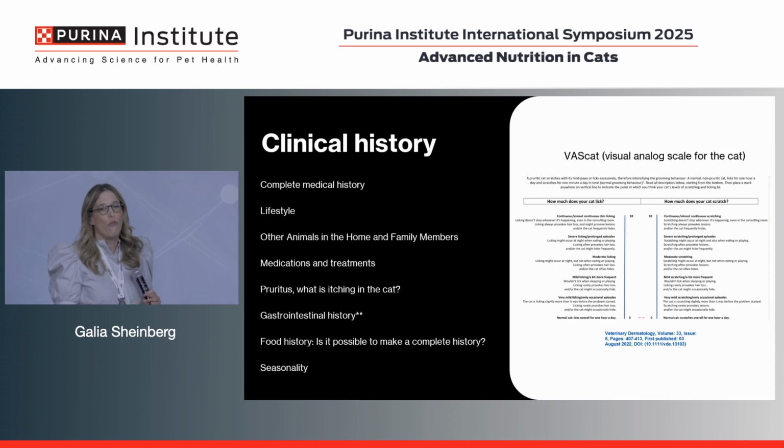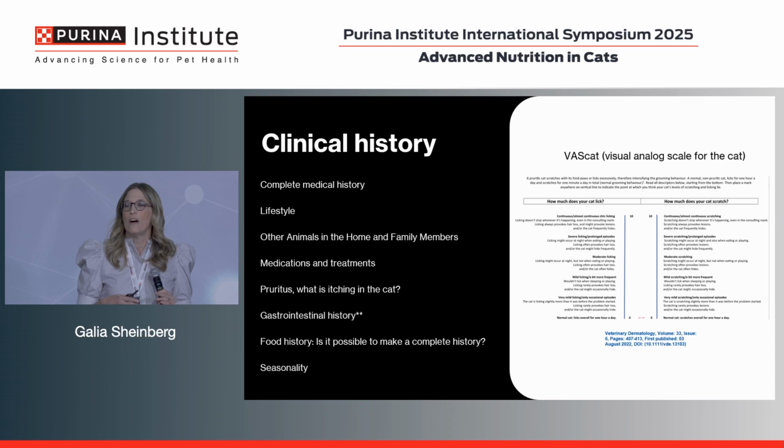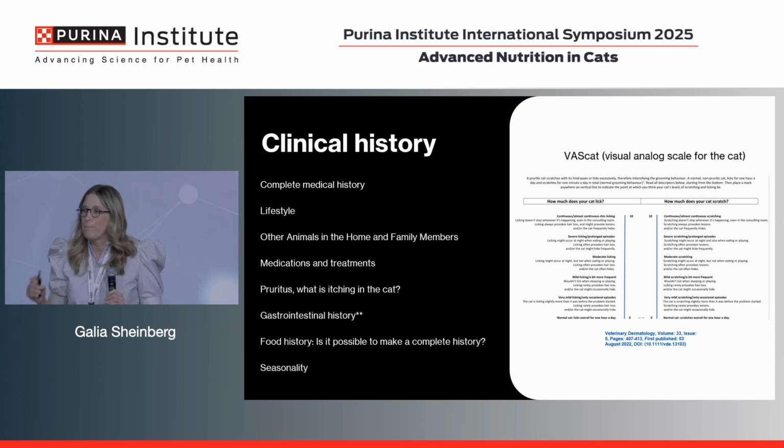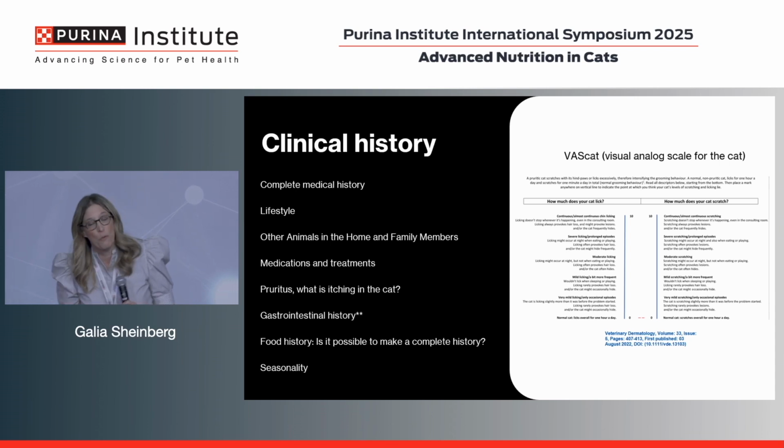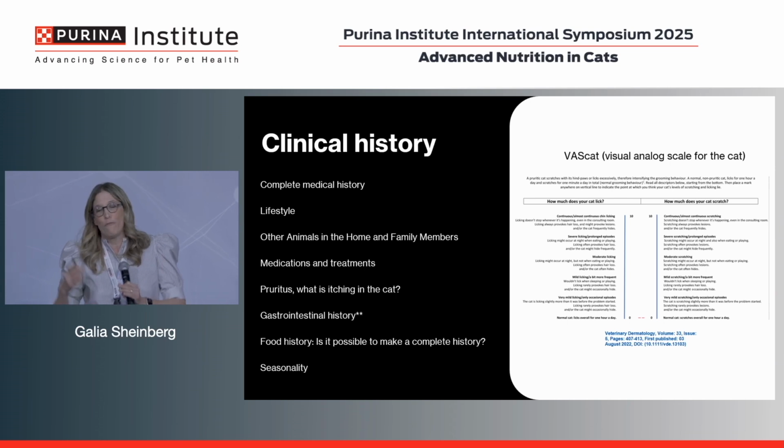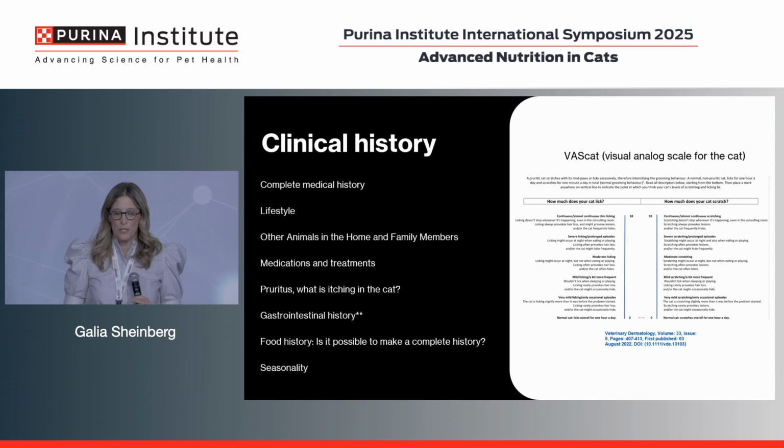We try to use a format before they start in the consult: we sit them down before they come in and they fill out paperwork thinking about previous treatments, because I'm sure all of you have faced owners who say, oh, I gave them this pink pill, or I gave them this yellow liquid, and we don't know what they're using. So if they have time to work with that information before coming into the consultation room, we'll streamline things and make them much better.